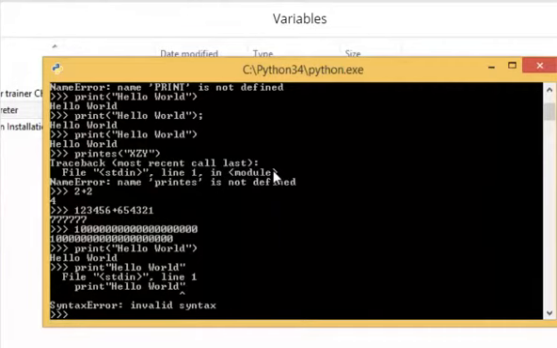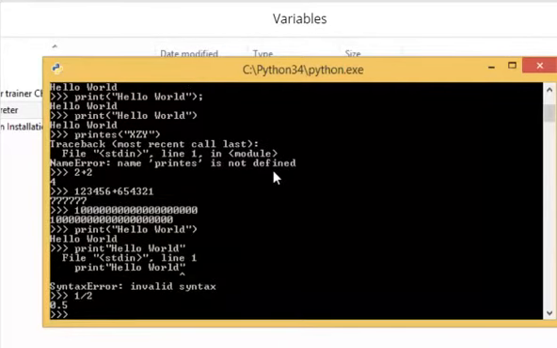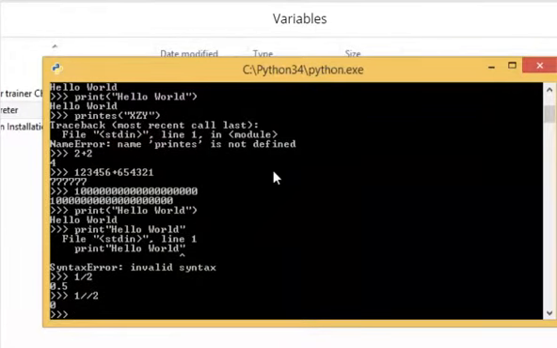So let me show you how these work over here. Let's say, for example, we divide 1 divided by 2, we get this float, 0.5. But what if we want this in an integer format? We just use the divide symbol twice, and it will give us the integer because it drops whatever it gets after the period.